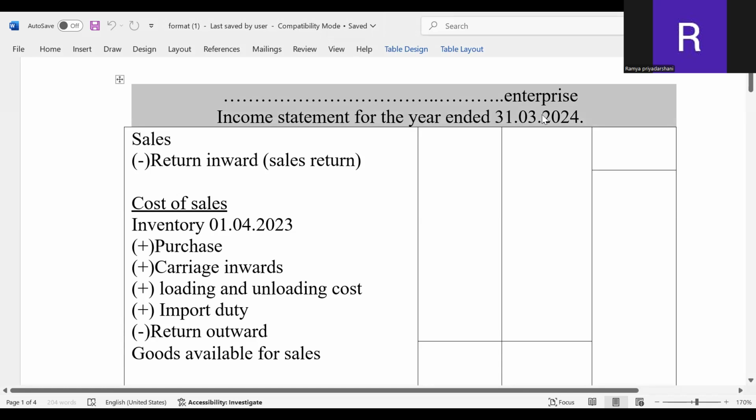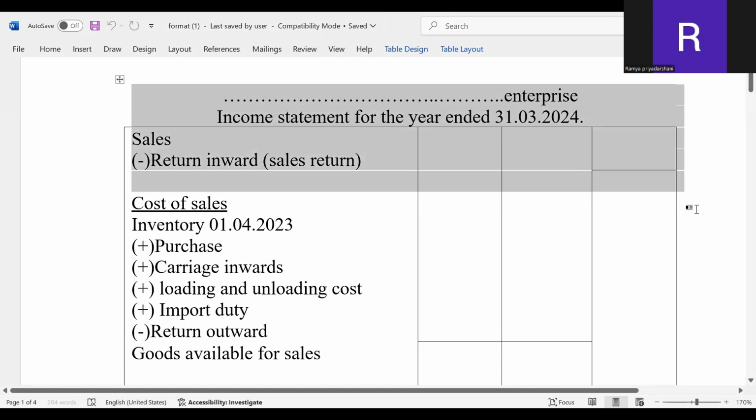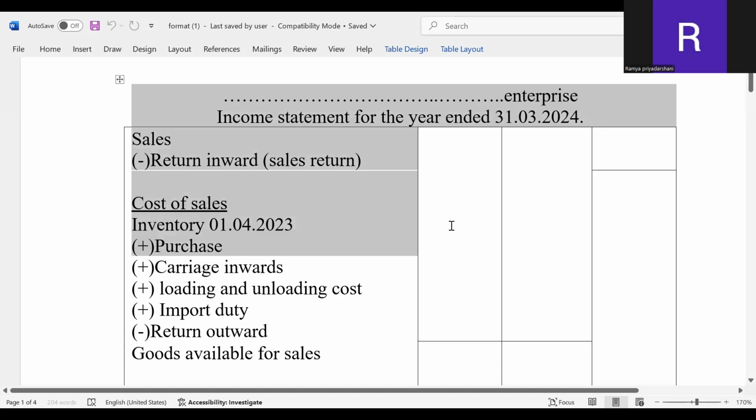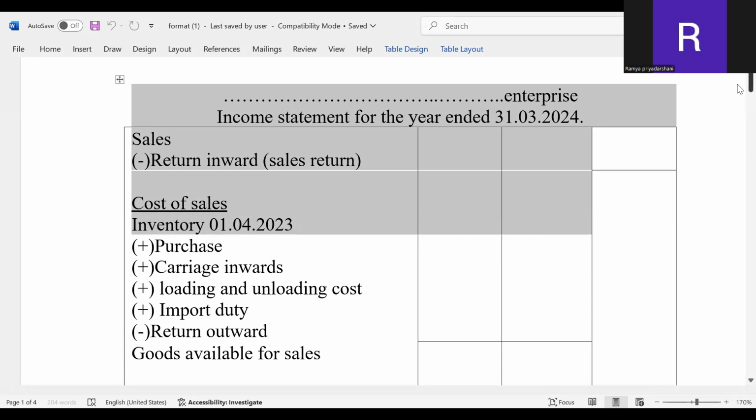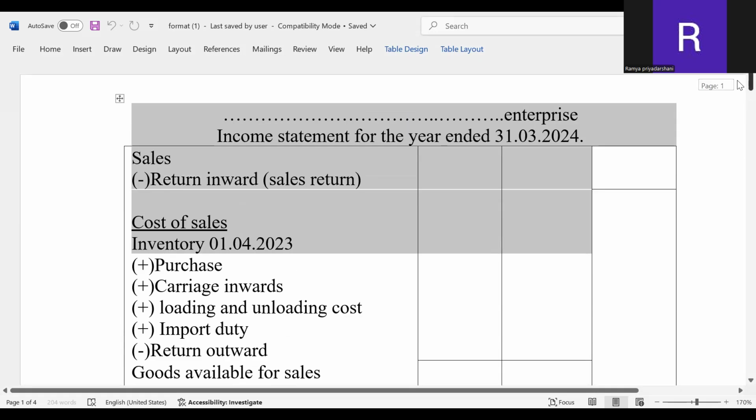Think how to prepare the income statement and statement of financial position. This is the format for the income statement.